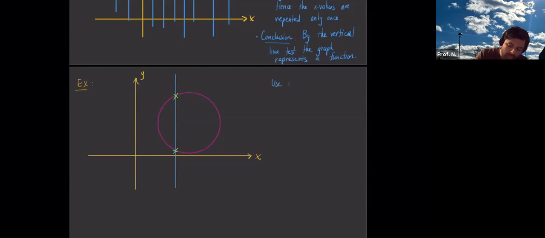So use the vertical line test. The first thing we observe is that one vertical line crosses the graph twice. So if that's the case, that means that there's an x value somewhere here that has two y values.